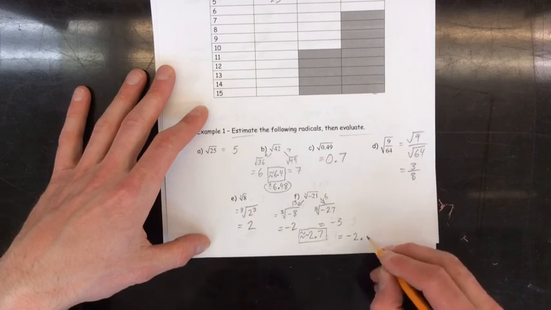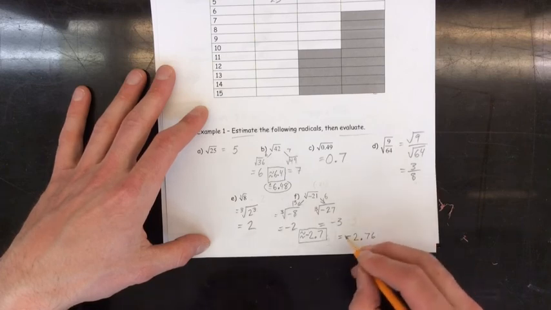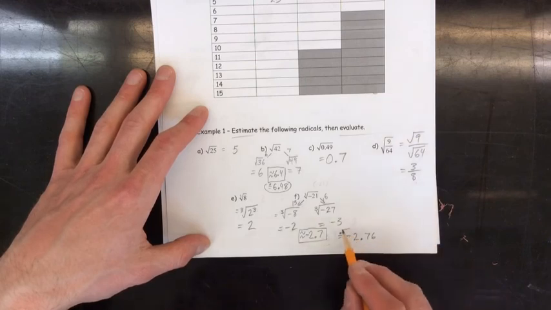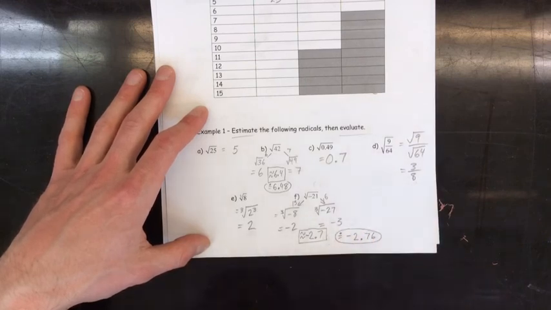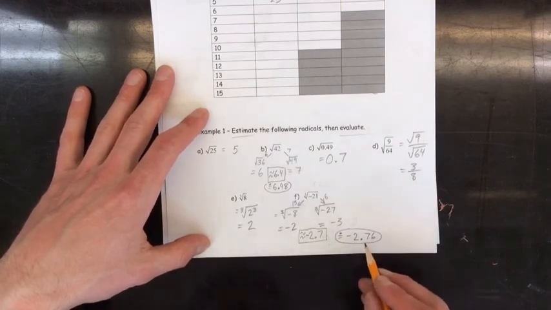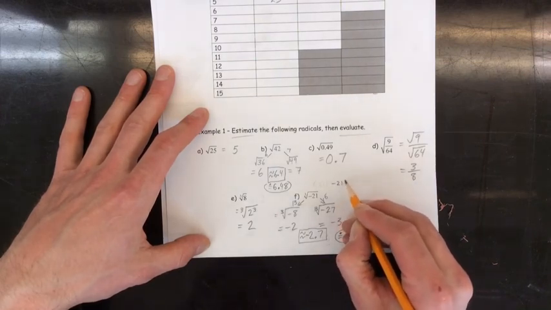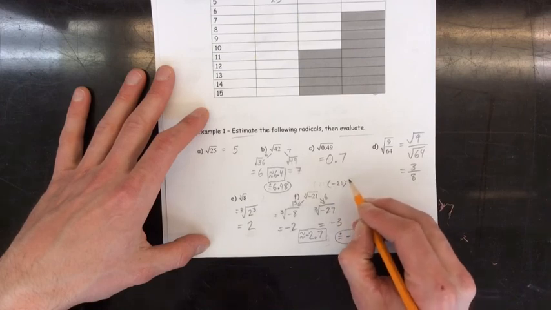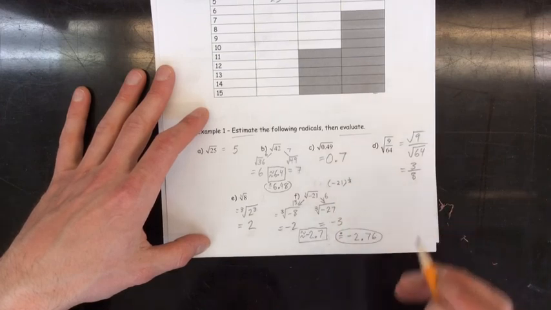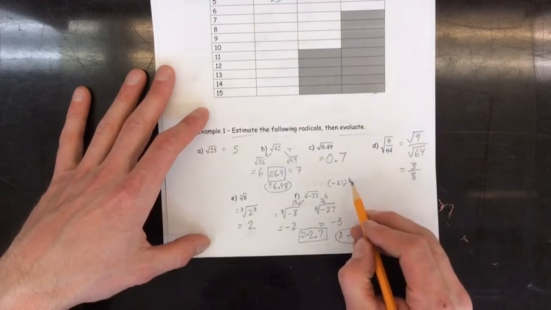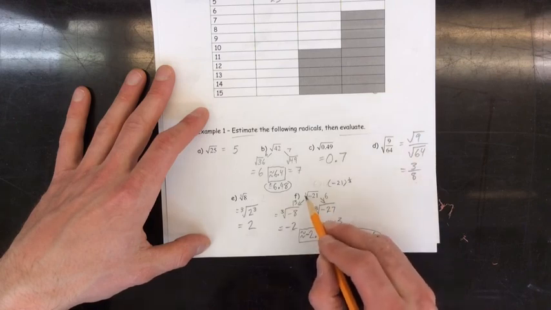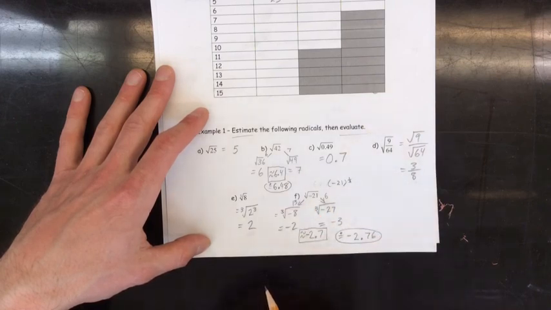So I'm going to say 2.76, round up on the hundredths, and put a dot above my equals to say I approximated, and circle my answer. If you can't find it on your calculator, you can actually type negative 21 to the power of 1/3. Now be very careful, but the power of 1/3 is the same as the cube root. And we'll learn about that later in this chapter.